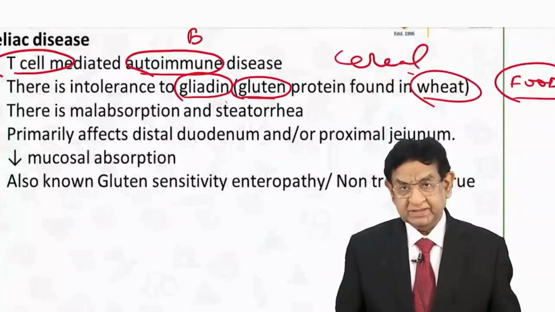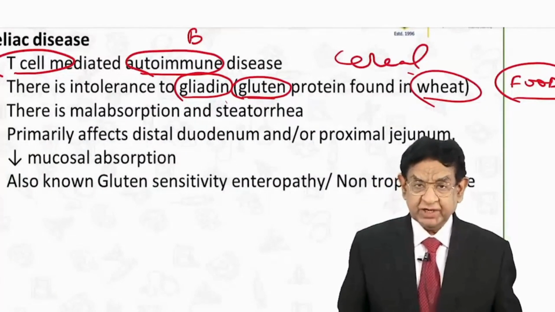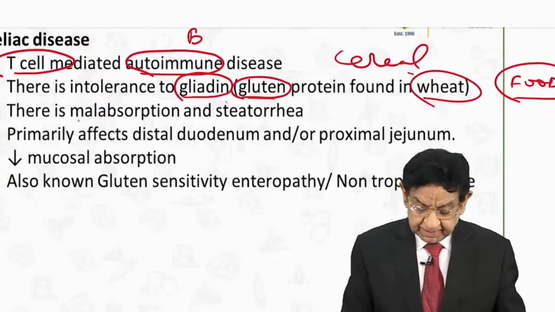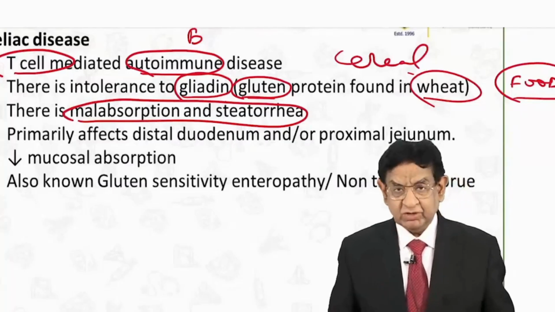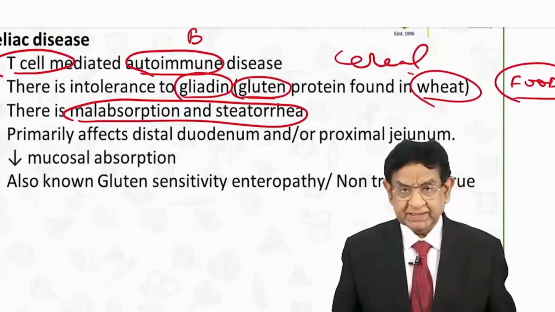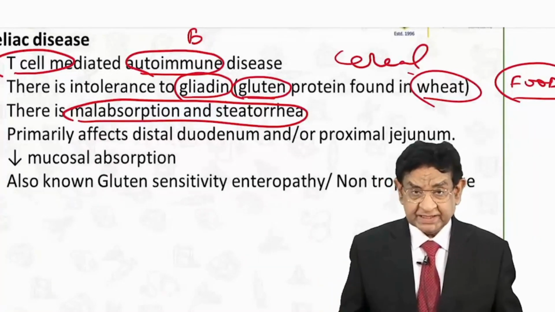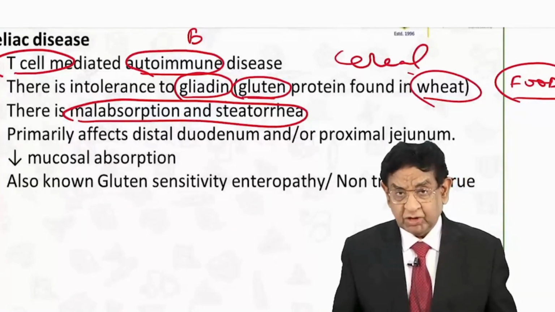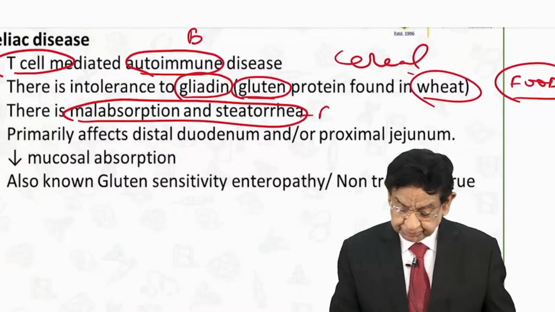When the patient takes any food item which contains gluten, the patient has malabsorption and steatorrhea. That means there will be not only a problem of absorption of many food items like iron, folic acid, etc., but there will be steatorrhea also. There will be fat malabsorption also.